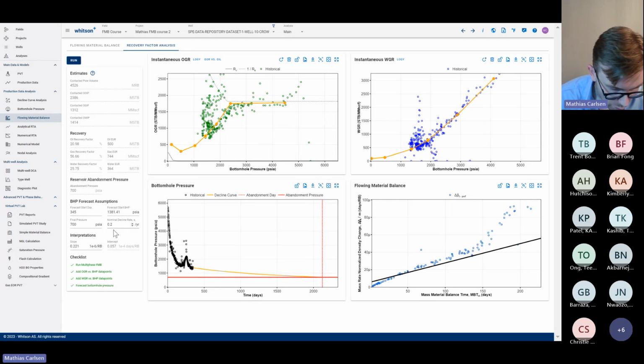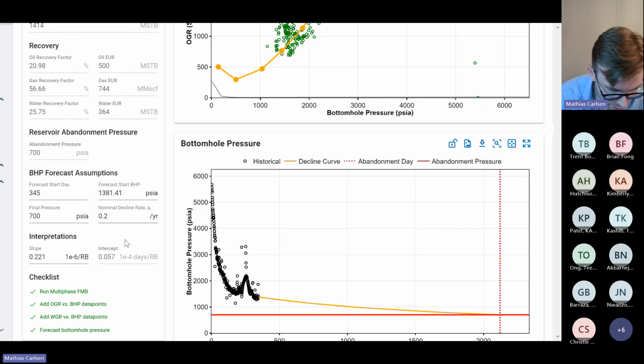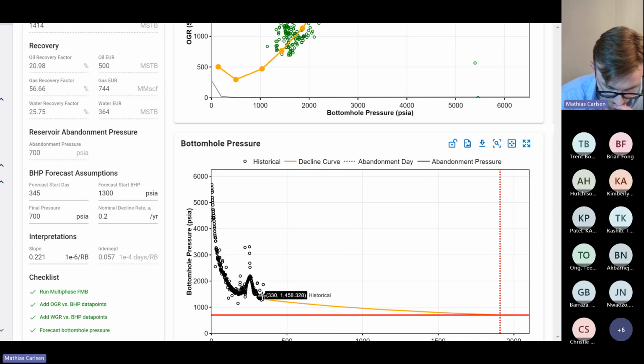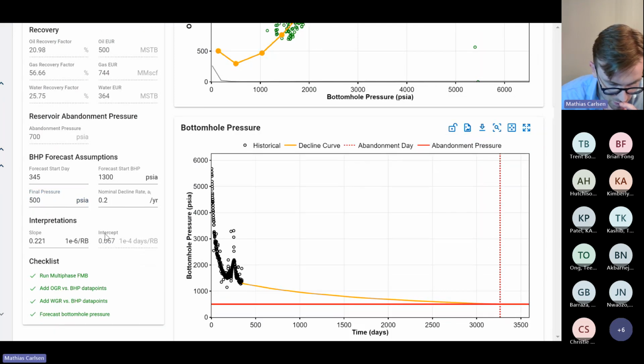Yeah, the PHP forecast assumption here to the right, there's a few things that you can set. You can set the forecast start date. By default, it's the final date. You can change this number to whatever you want. So I can make this, for instance, 1300, and that will move this point up and down for where it starts from. You can change this to 500, the final abandonment pressure.